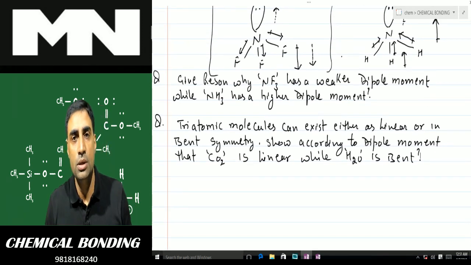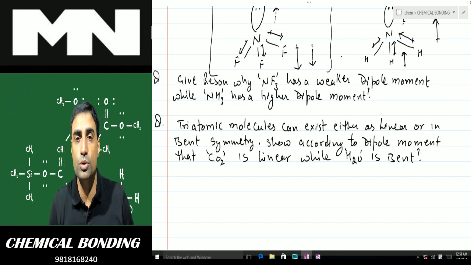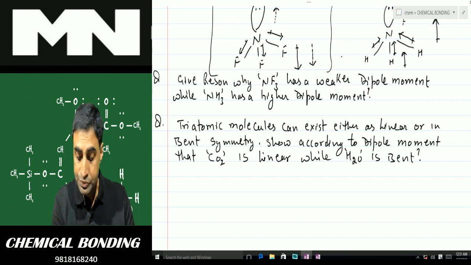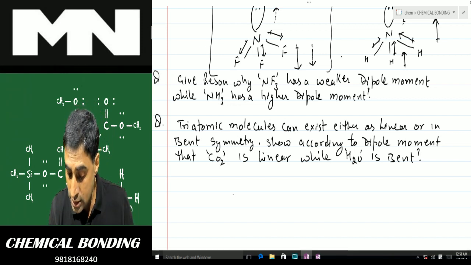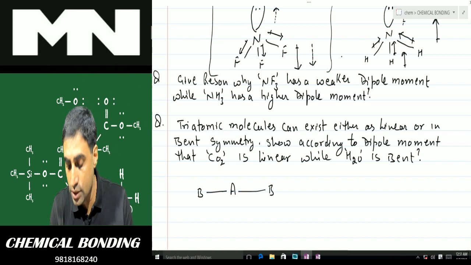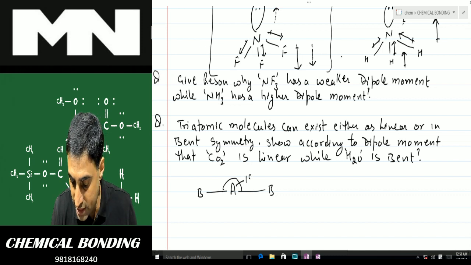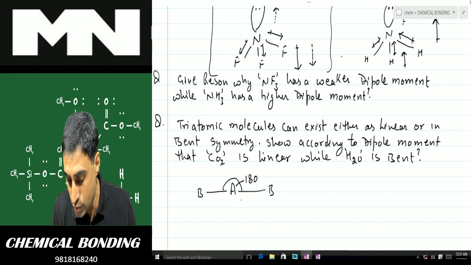So we'll explain that triatomic molecules. I'll give you an example for that. Suppose I have three atoms. Here I have, say, A, which is joined to 2B. So the structure can be either linear or it can be bent. Linear means 180-degree angle, where the dipole moment of one half of the molecule will cancel out another half.